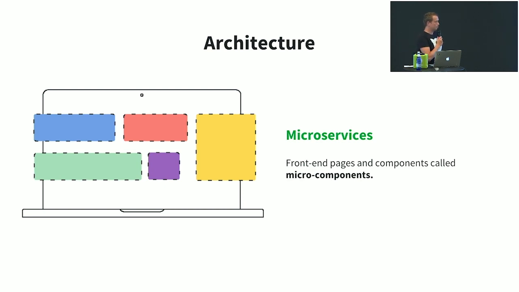So the system is built using microservices. In the back end, it's easy; everyone knows how to do it. But in the front end, it's a bit more complex. We've done it so that some pages and some components within the pages are defined as microservices or microcomponents, or however you want to call them. And they serve a single purpose.